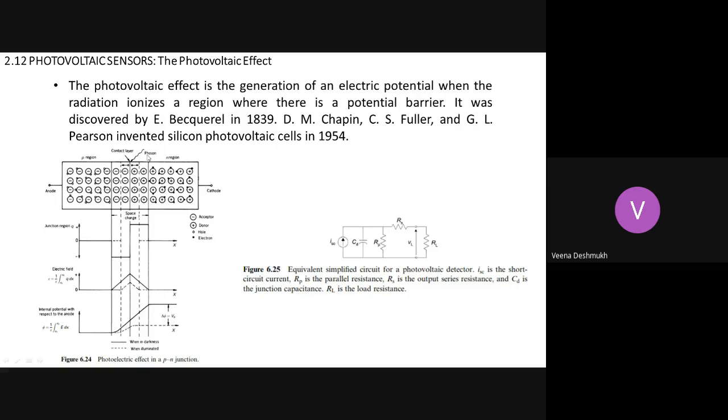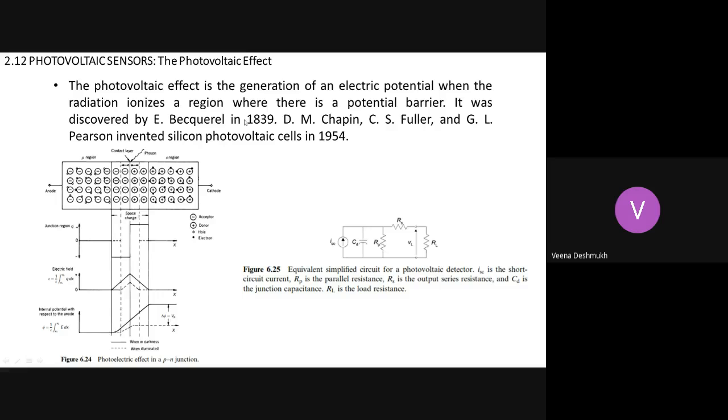And as usual, anode, cathode, and acceptor and donor. So this is the N region and P region, and due to cross junction movement, you are getting the electrons here and the holes here, plus some acceptor or holes present over here.